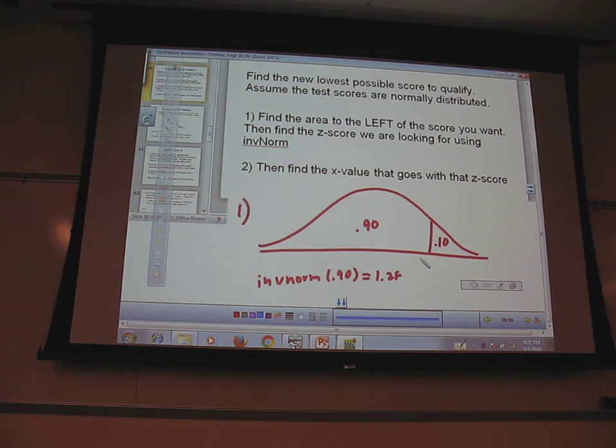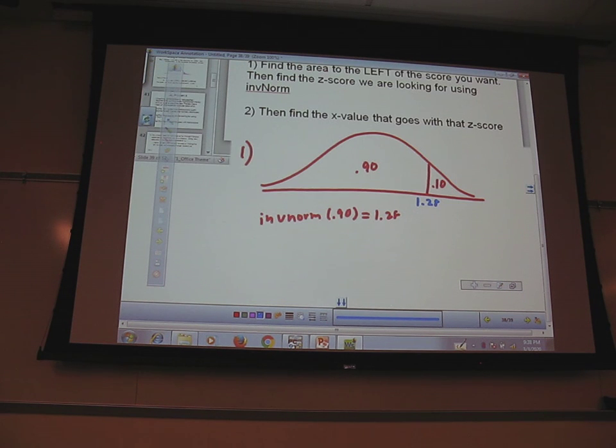That is the z-score I want right here. So the first step was the picture, the second step was the inverse norm, and the third part is converting this to an x value.